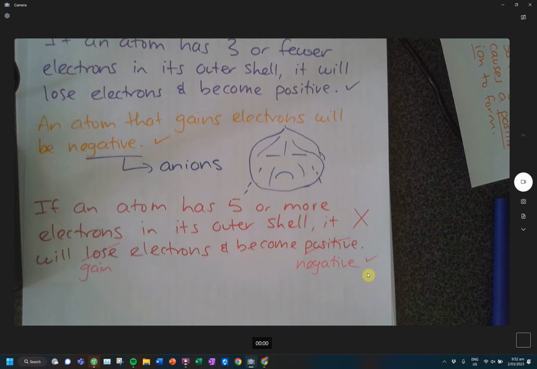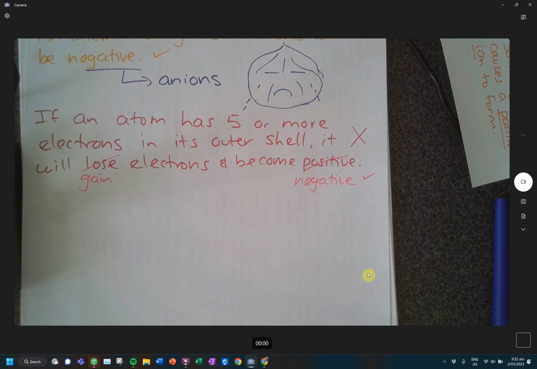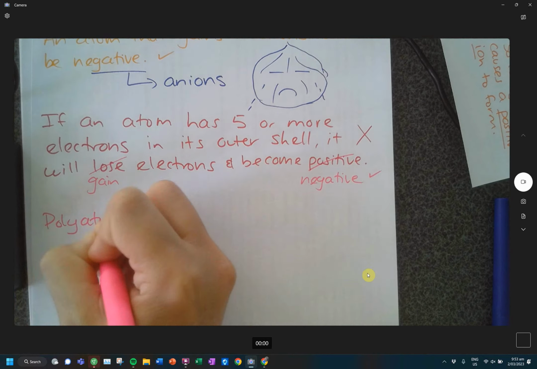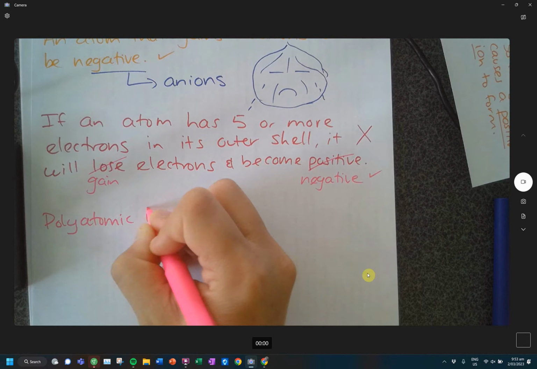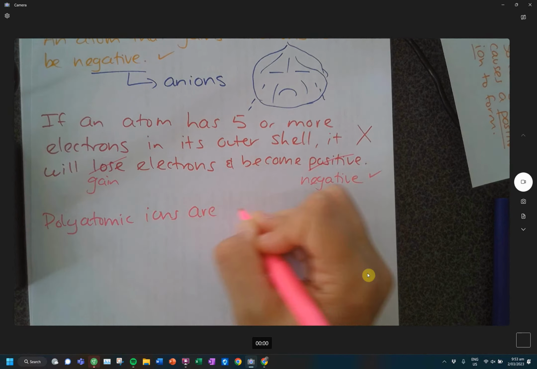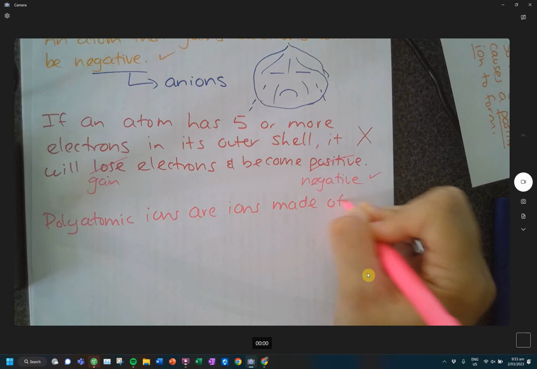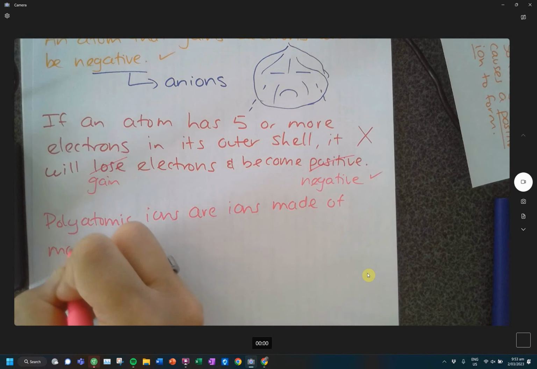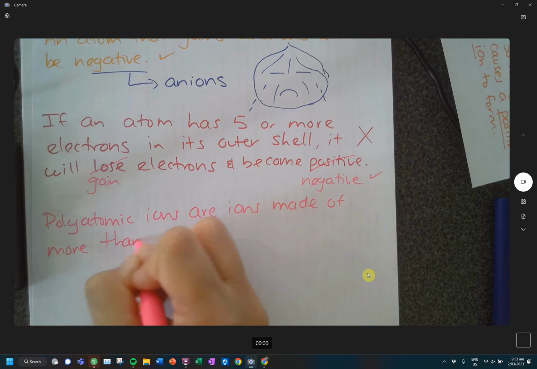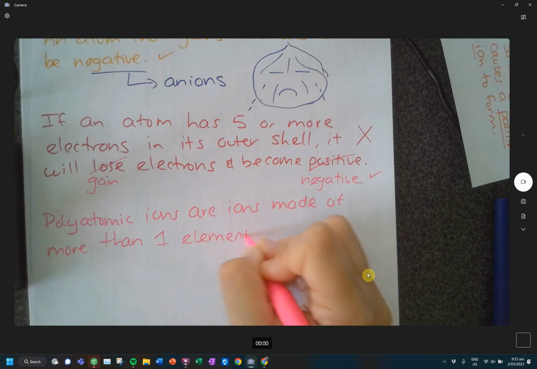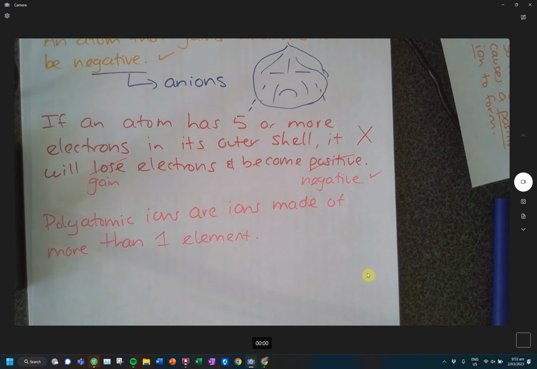The last statement I have for you guys is: polyatomic ions are ions that are made up of more than one element. True or false?